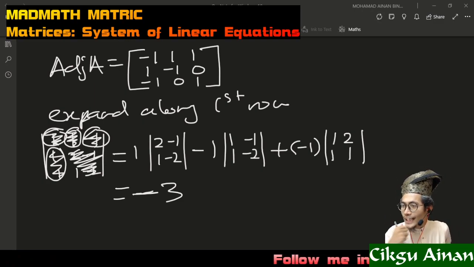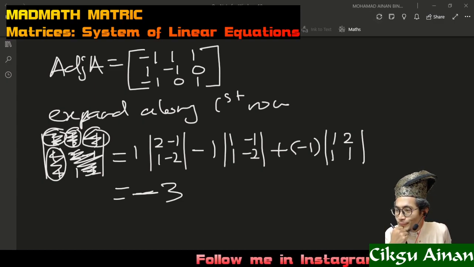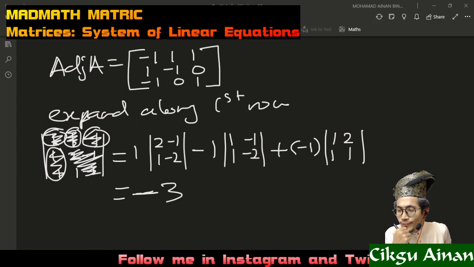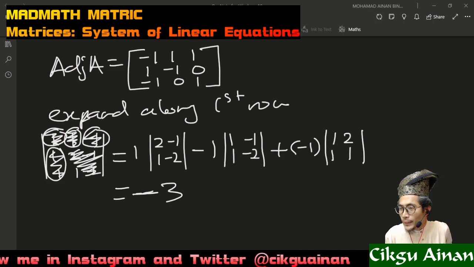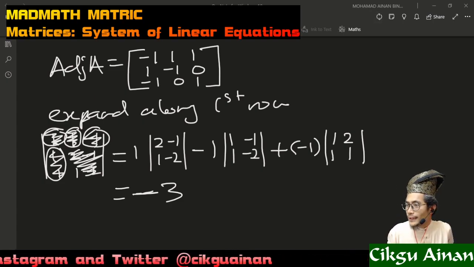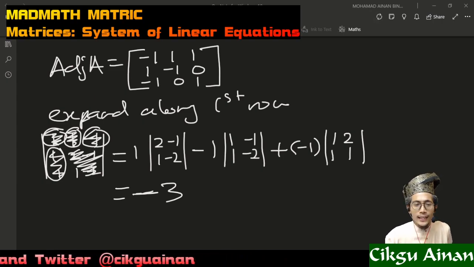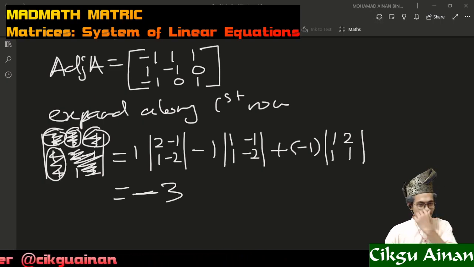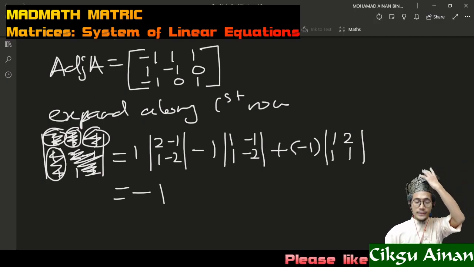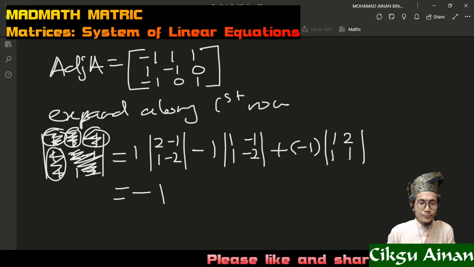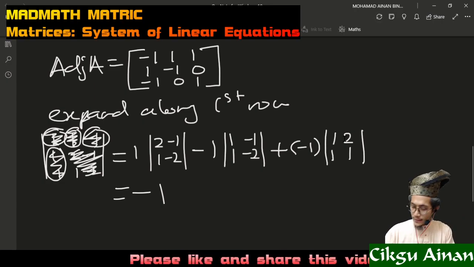Okay, Liana, you want to say something, my dear? Negative 1. Negative 1. Two people say negative 1. Maybe negative 1 is correct. Thank you so much. Maybe Halimatun made a calculation mistake. It's normal. Okay, so we get that.